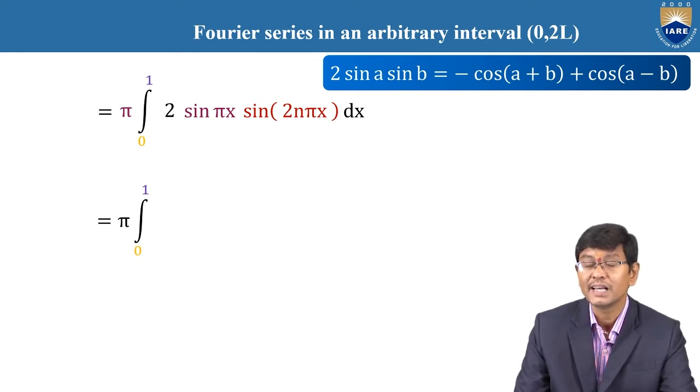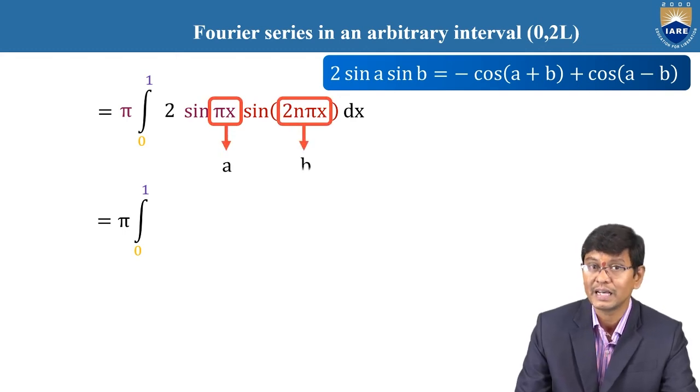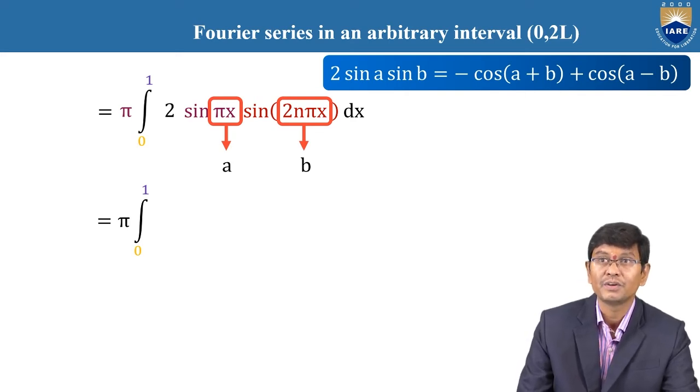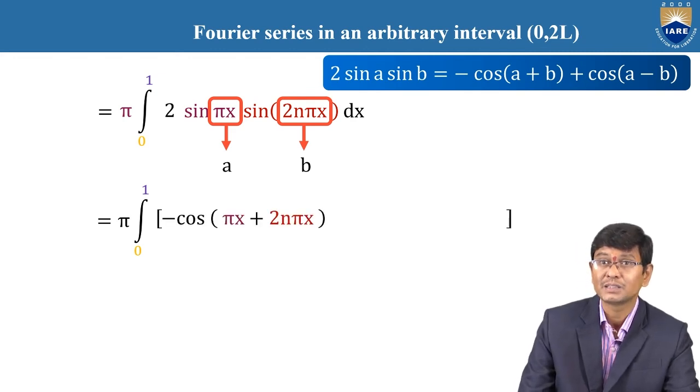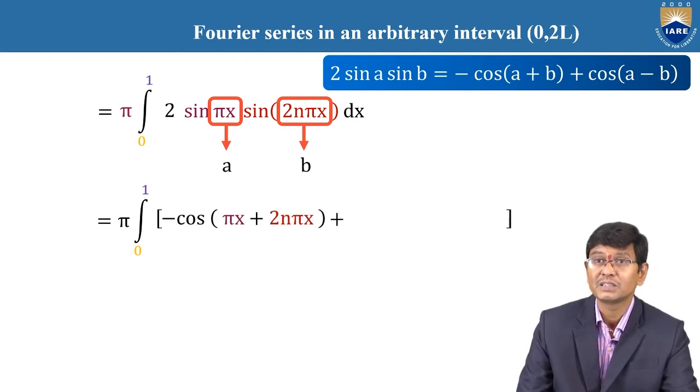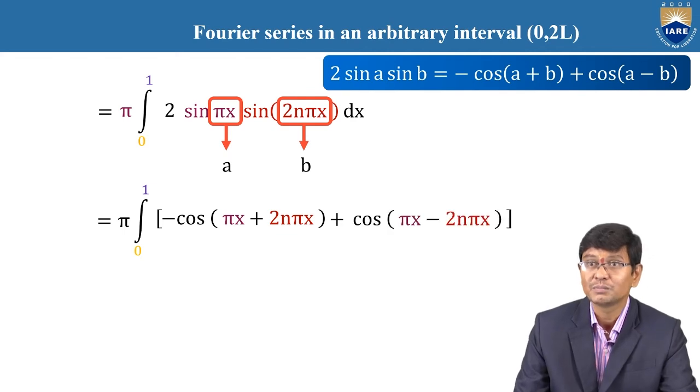Here A is πx and B is 2nπx. Therefore, using A and B in that formula, it is equal to π into the integral from 0 to 1 of the bracket minus cos(πx plus 2nπx) plus cos(πx minus 2nπx).